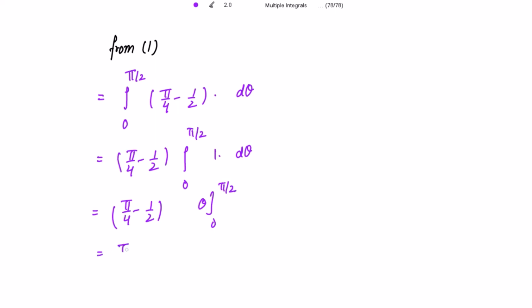This is equal to pi by 4 minus 1 by 2 times pi by 2 minus 0. And finally, you get your answer to be pi square over 8. Just multiply pi by 2, so this is pi over 4. So this is how this double integral is solved when we need to change the variables.